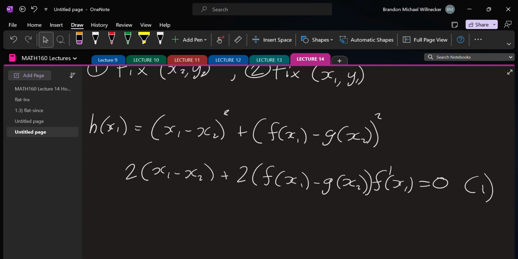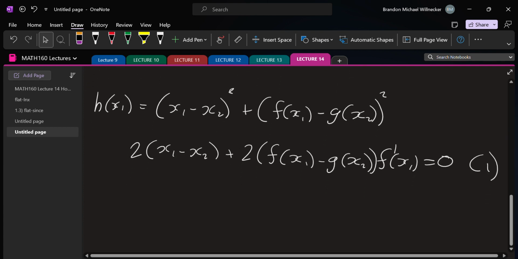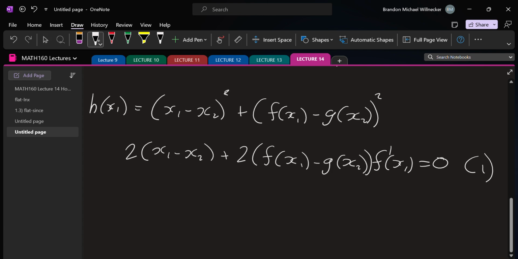So we just took the derivative with respect to x1. Now we're going to do the same thing, but take the derivative with respect to x2. So this is the second part. I'm not going to go through the whole process of the setup, I'll just write down the equation. It's going to be 2 times x1 minus x2 times minus 1, because we're taking the derivative with respect to x2, we need to use the chain rule.